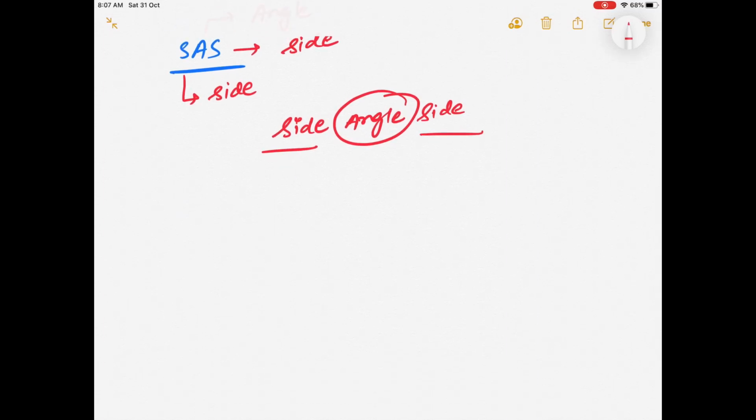To understand this, first learn what this rule states.